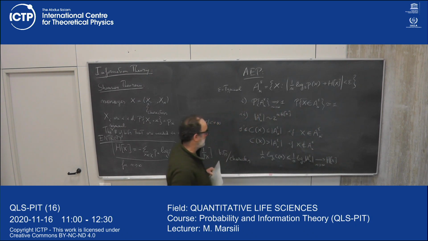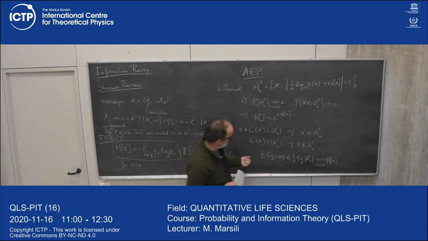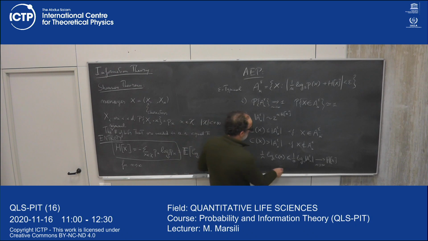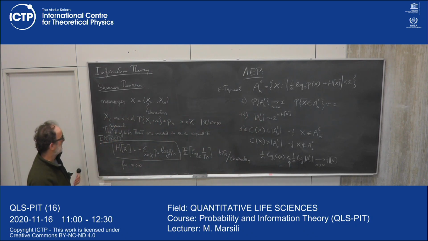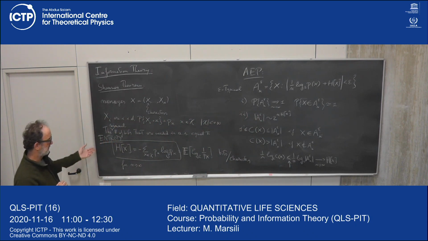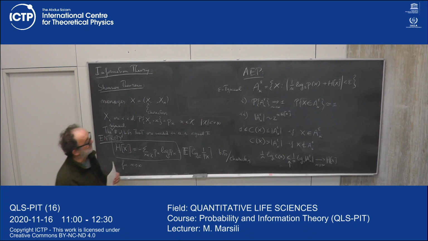And almost surely, Alice and Bob will exchange a message which is in the epsilon typical set, so this inequality will be true almost surely. Okay? So, this is the content of Shannon's Theorem.